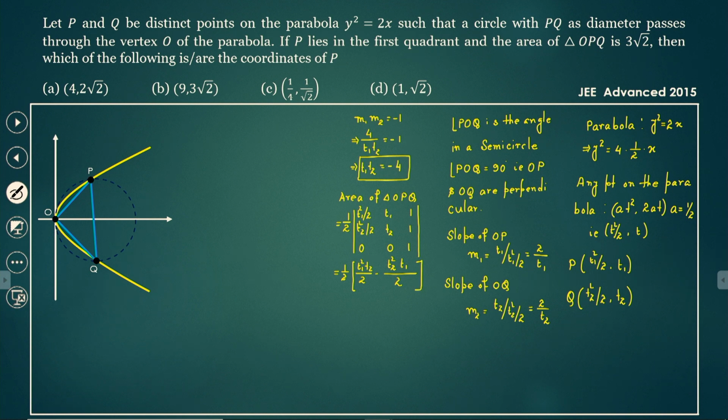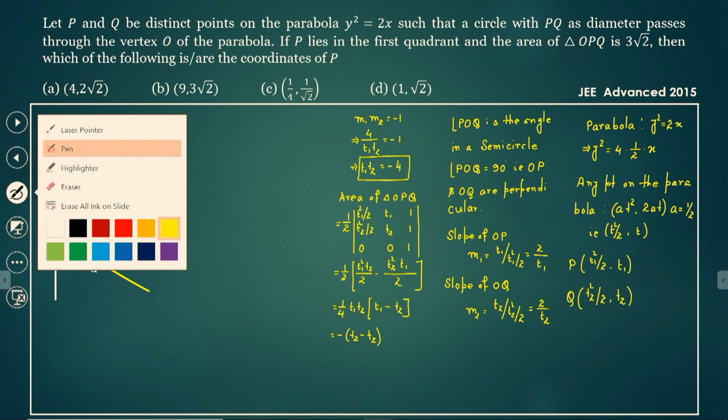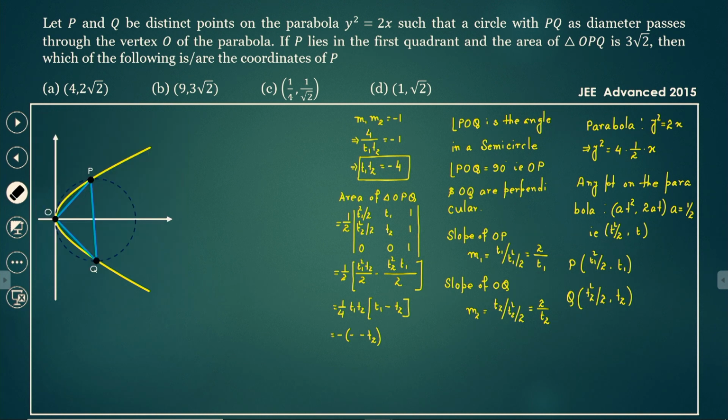Take 1 by 4 t1 t2 common. It gives t1 minus t2. Now t1 t2 is equal to -4, which implies minus of t1 minus t2, and that's the area. This must be t1.